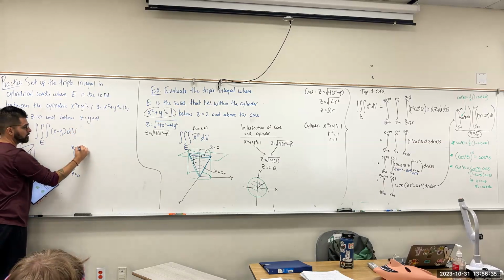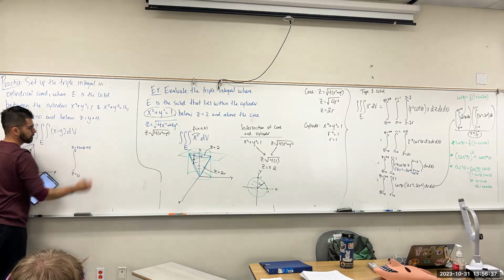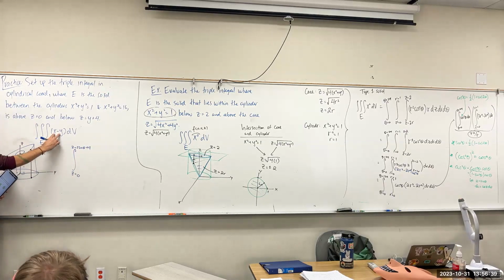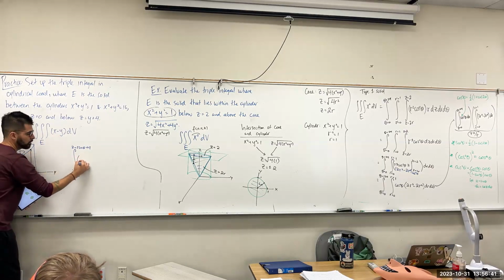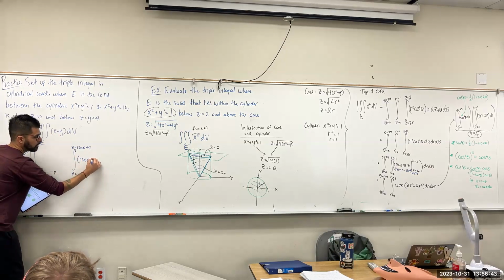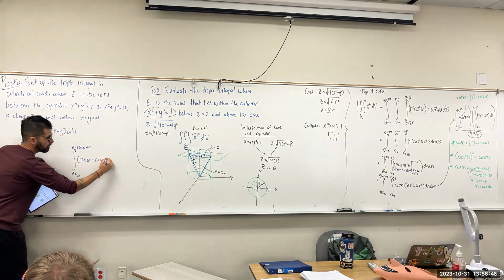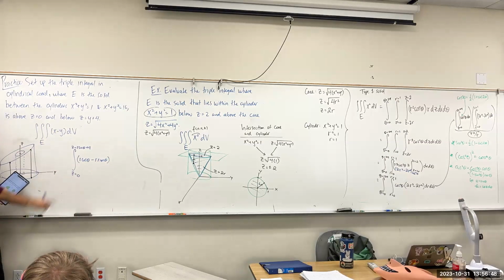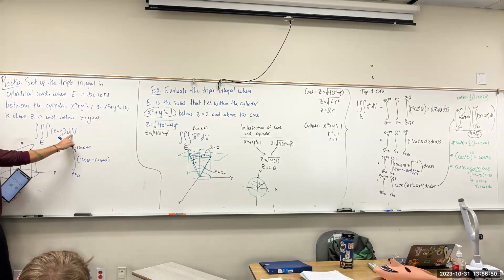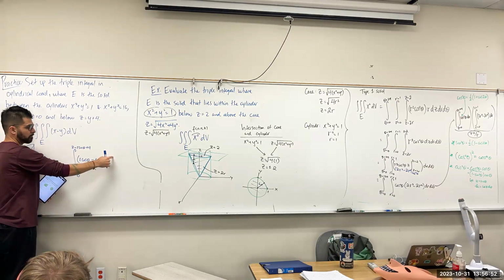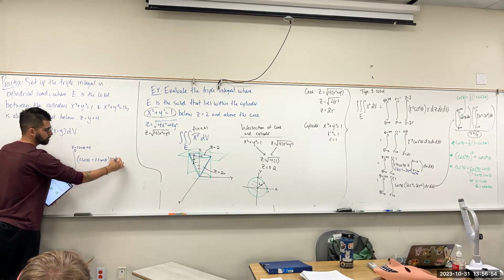So it's going to be r sine theta is 4. Convert these to cylindrical. R cosine theta minus r sine theta. What does this make happen though? That extra r comes out.